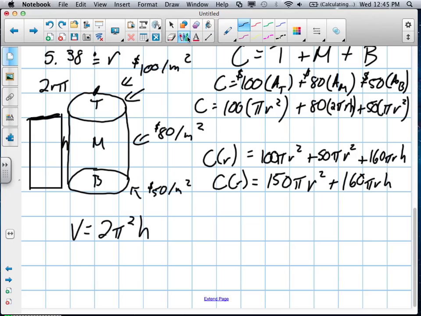Sorry, not 2 pi r, but just pi r squared, not 2. Why did I write it like that? Pi r squared. I'm not sure why I wrote it like that.